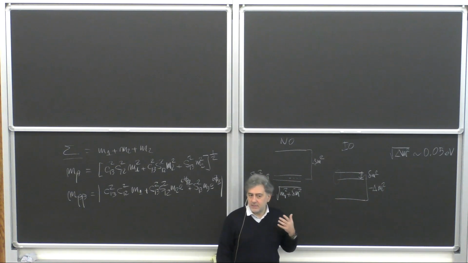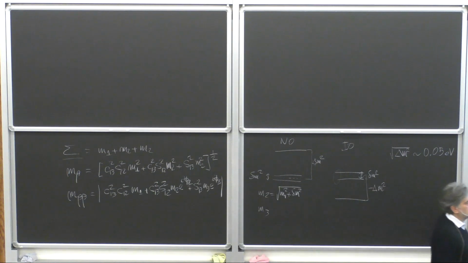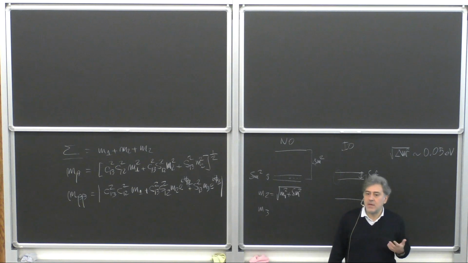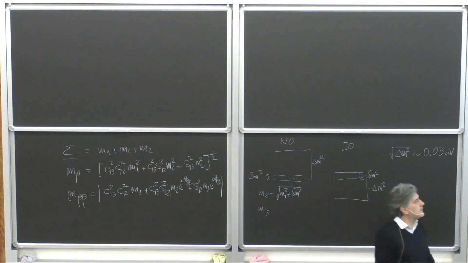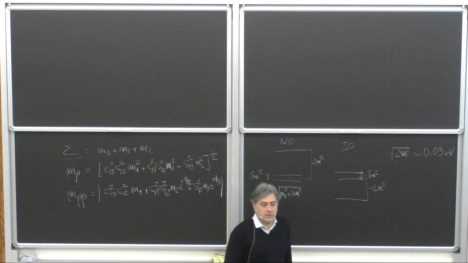So there is something coming in the next 10 years or so. Let's say that in a few years we could have new data and maybe confirm or not this preference for normal oscillation.